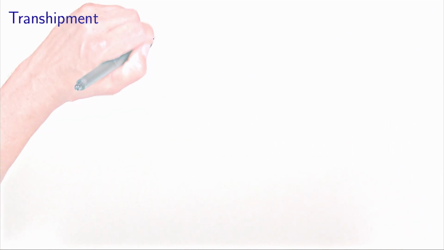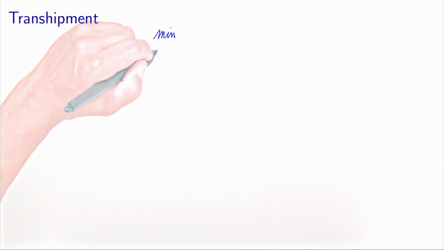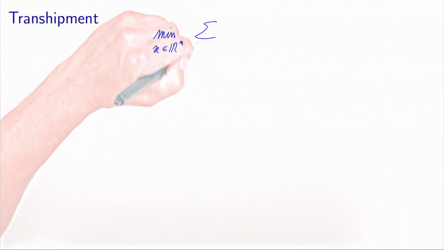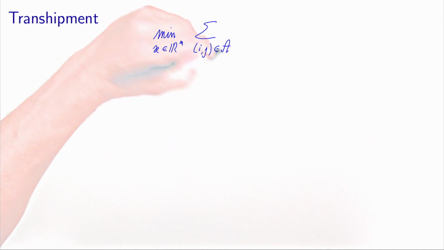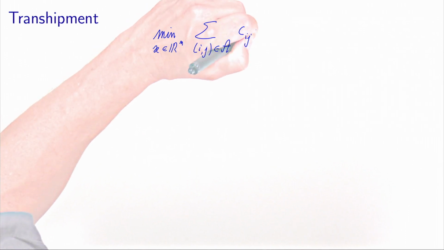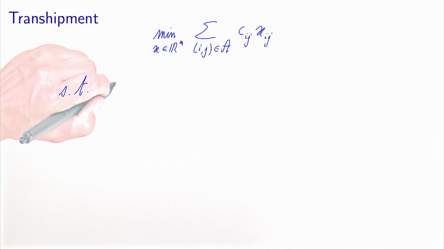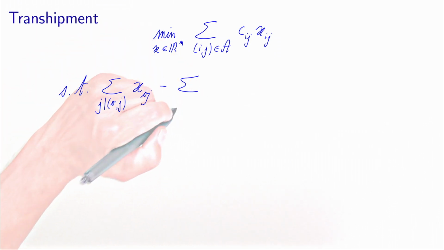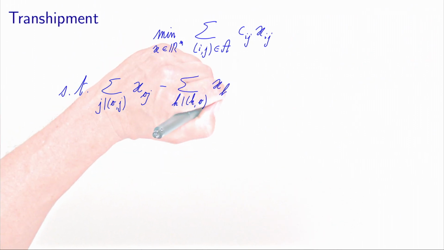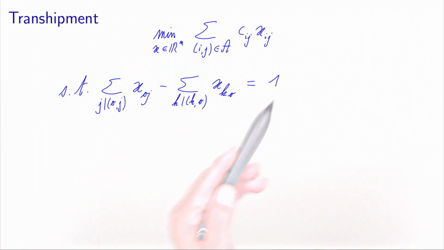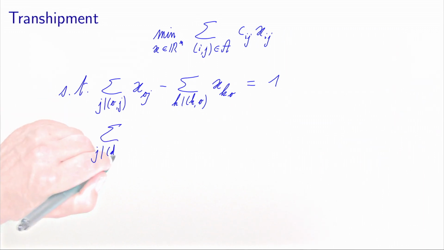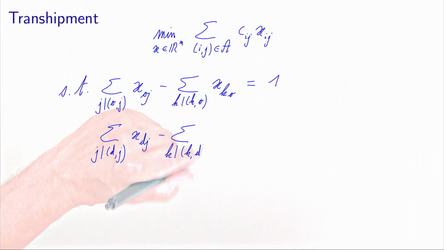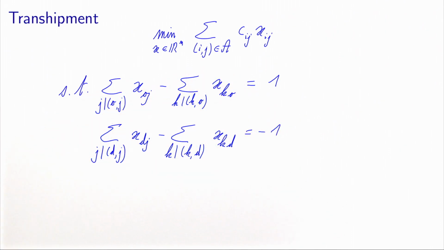We can therefore write the shortest path problem as the minimization over x in R^n of the sum over all the arcs in the network of Cij xij, subject to the first constraint, which is the flow conservation constraint for origin O, which says that the divergence of node O is equal to 1. Similarly, the second constraint is the flow conservation constraint for destination D, which says that the divergence at D must be equal to -1.